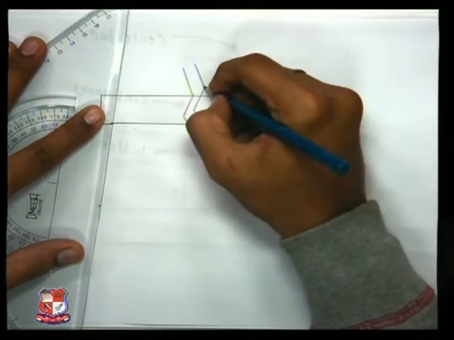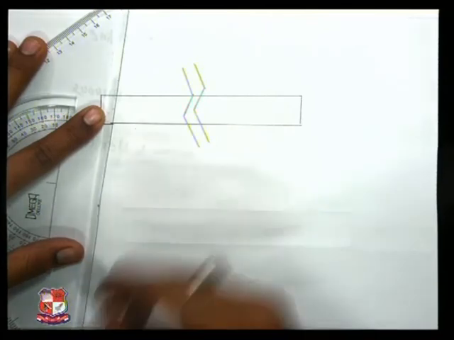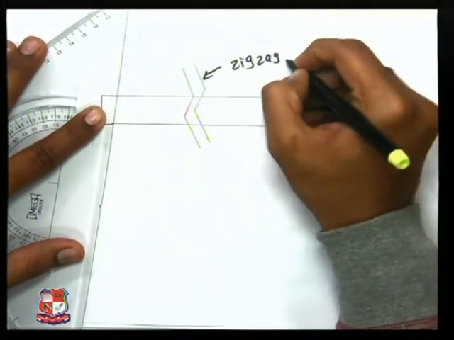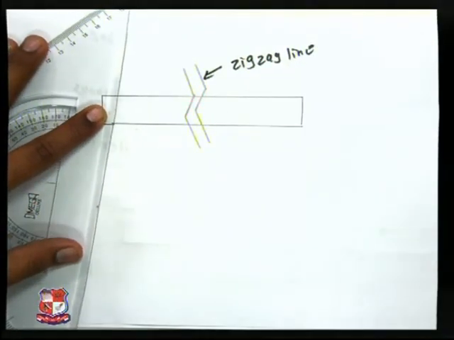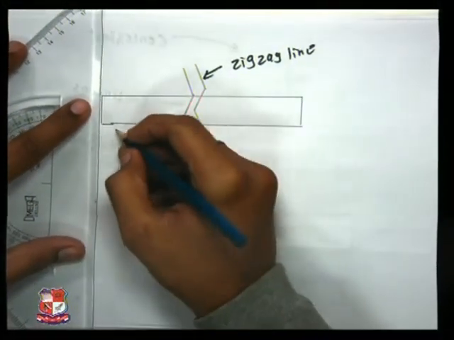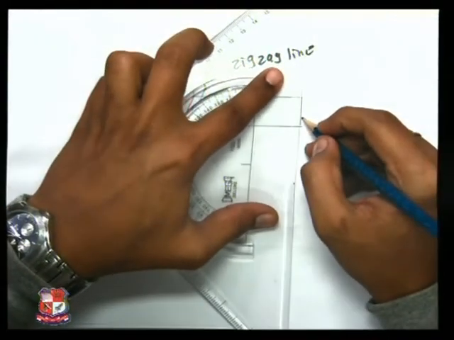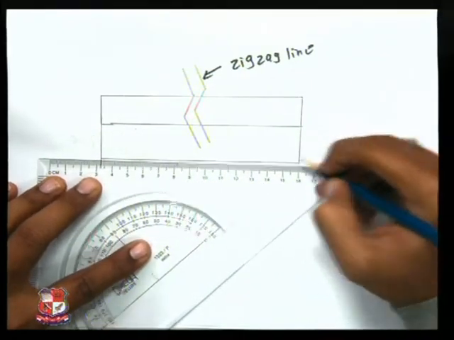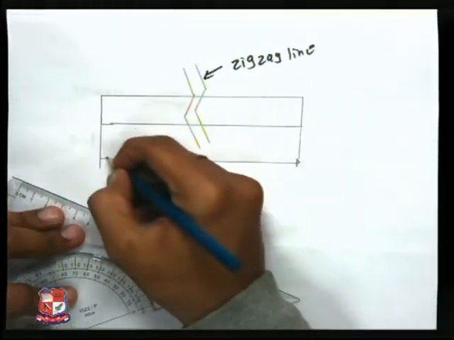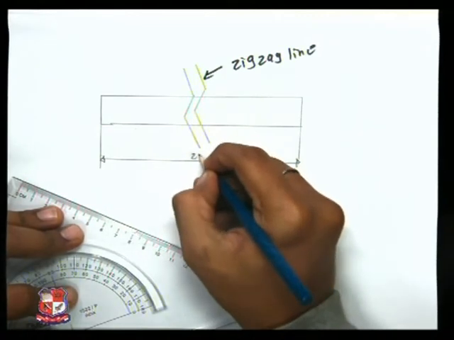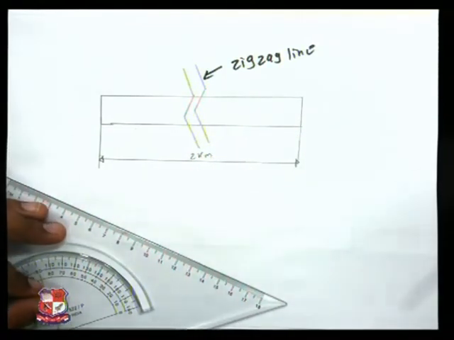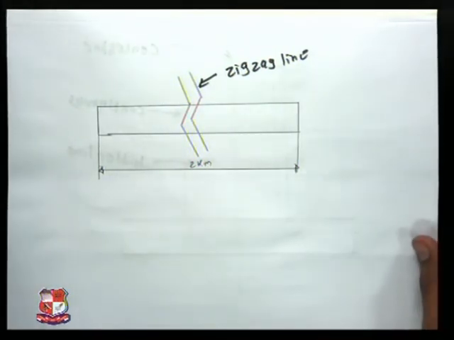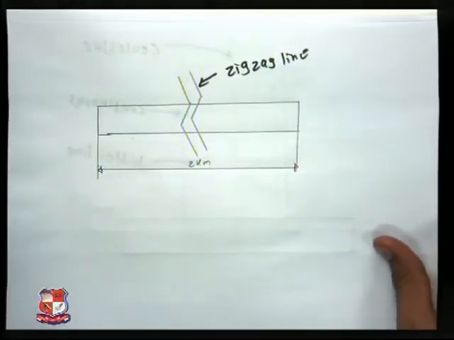It is called zigzag line. It is a graphical representation. Now after giving this graphical representation, you can give the dimension that this line is of 2 kilometers as well. So this is how various different kinds of lines can be described with the use of the sketch.